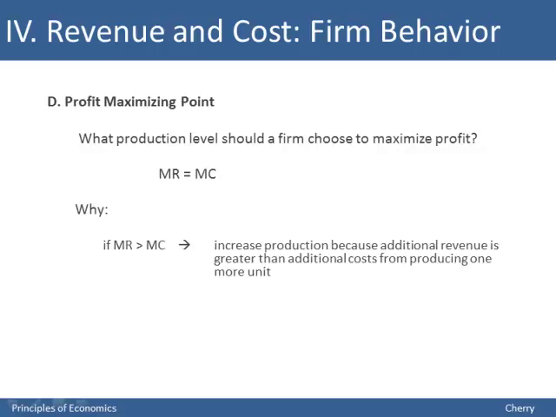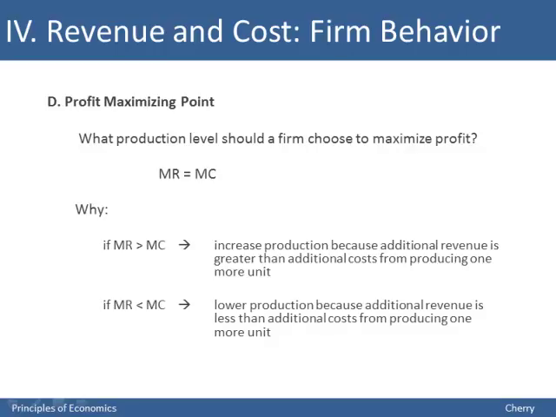Your additional revenue is greater than your additional costs, so you can add to your profit by increasing production. But if you have the opposite case where marginal revenue is less than marginal cost, that means that if you produce more, your additional revenue is going to be less than your additional cost. So your costs are going to be greater than your revenue. So in this case, you're not going to want to produce more. You might even cut back production.